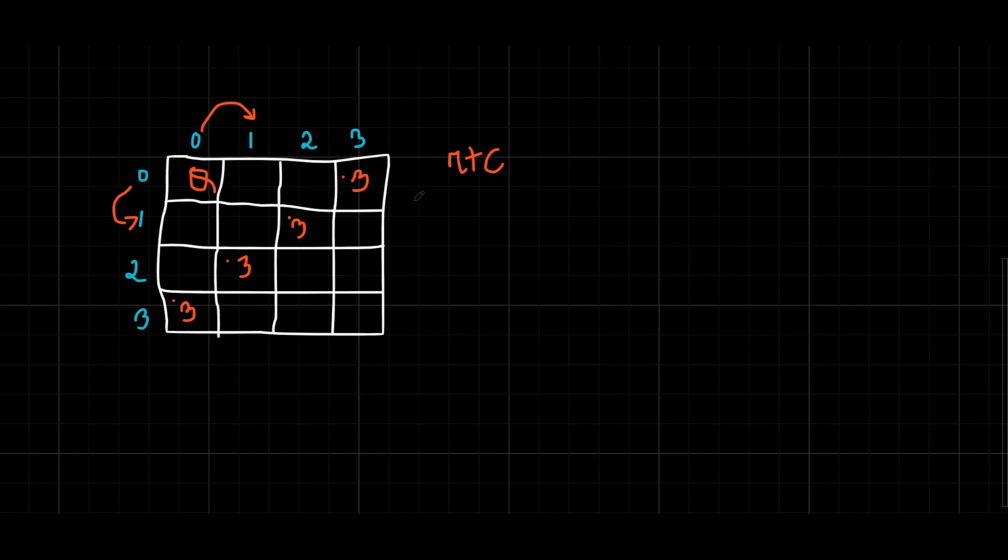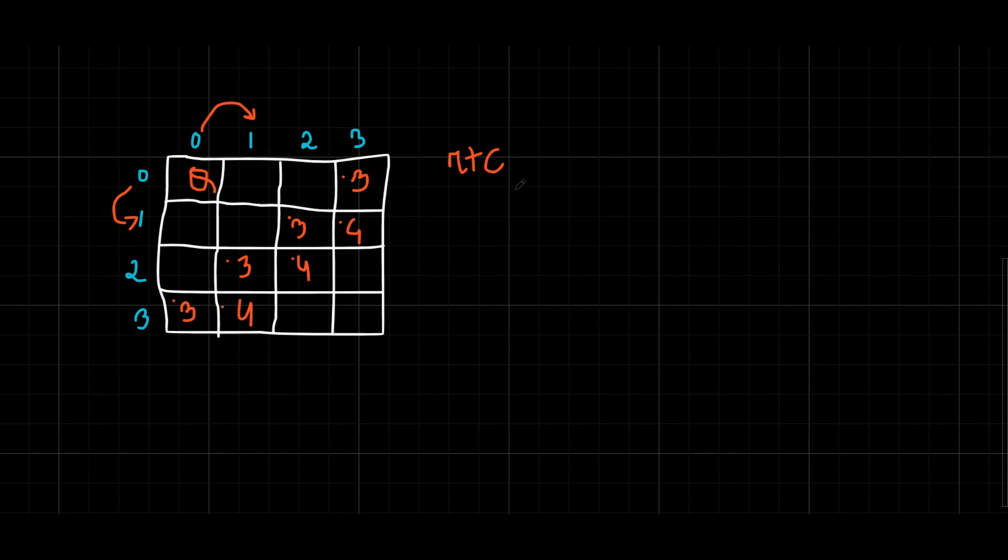And for clarity, we have to check one more positive diagonal. Here, for this, the row plus column is 3 plus 1, which is 4. For this, the row plus column is 2 plus 2, which is 4. And for this, the row plus column is 1 plus 3, which is 4.